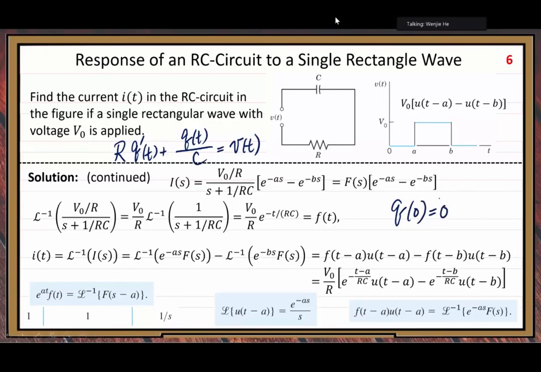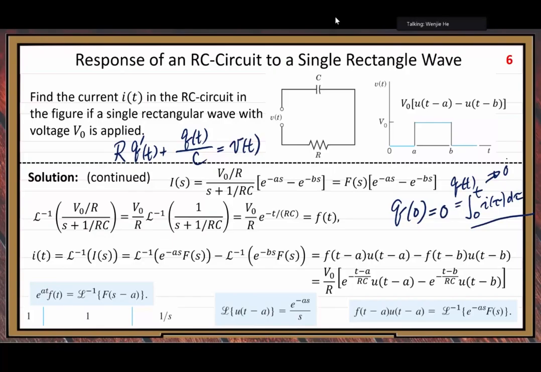Because from the integral, Q of t equals the integral from 0 to t, when t equals 0, the integral is 0, right? So even if the question does not give you that part, we can easily get that initial value of the Q function.